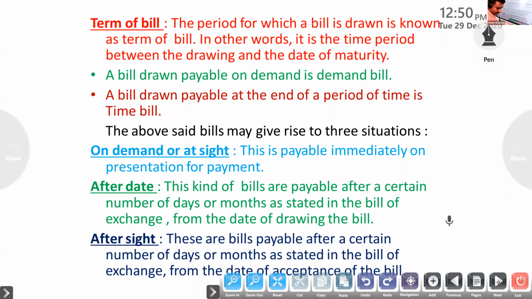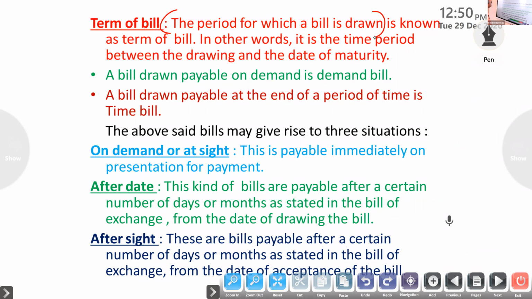Okay, next case, term of bill. So what do you mean by term of bill? The period for which a bill is drawn is called term of bill.